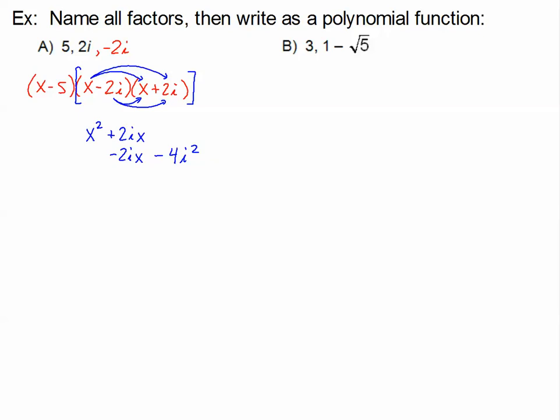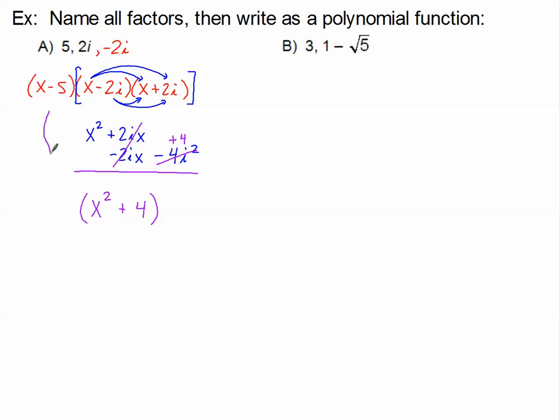Now remember, negative 4i squared is not going to last long in my work. i squared represents negative 1, so negative 4i squared represents positive 4. I will put a slash through that and change it to positive 4. And now when I add all of this together, you see the inner and outer terms cancel away, and I have x squared and then plus 4.